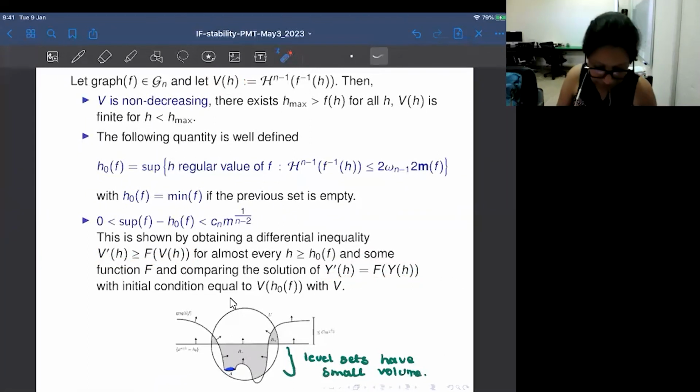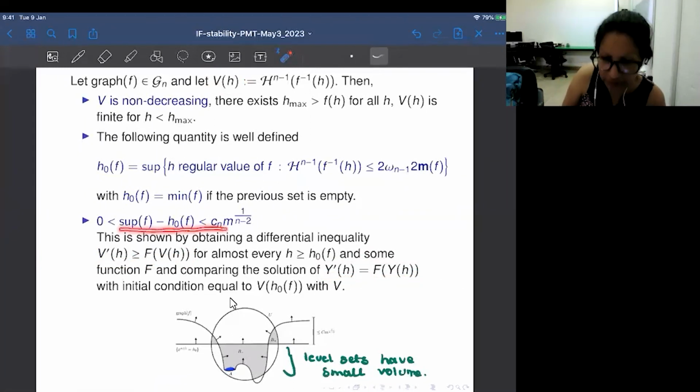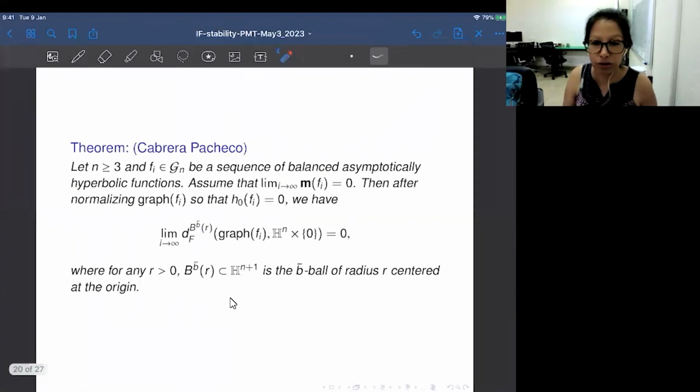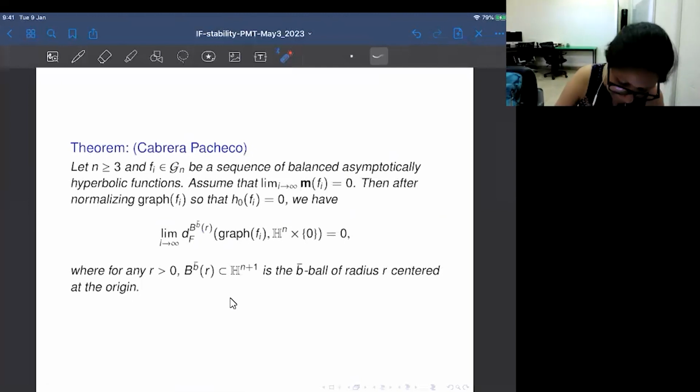And one gets this nice expression. Okay, so once one has these very nice results, as I told you before, Cabrera Pacheco showed stability with respect to Federer-Fleming flat distance.